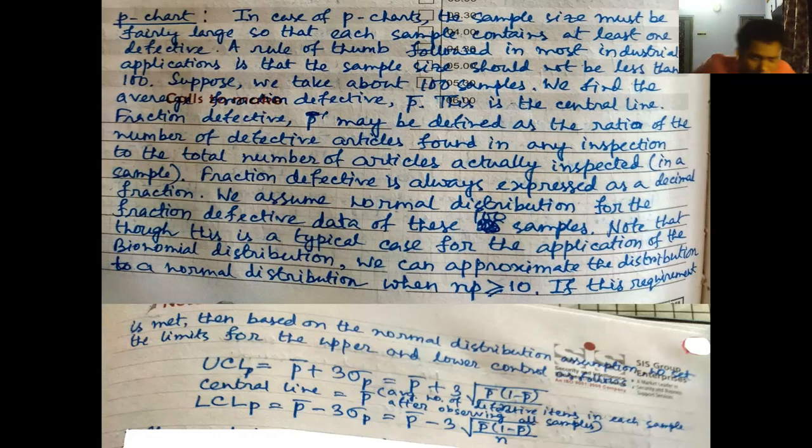And you will see that in these cases, when you derive the formula, the center line will be the average, representing the mean value, and for the 3 sigma limit you will use the standard formula for the standard deviation.